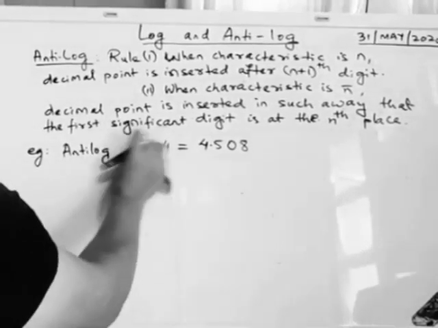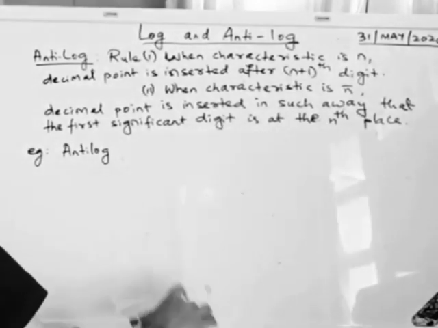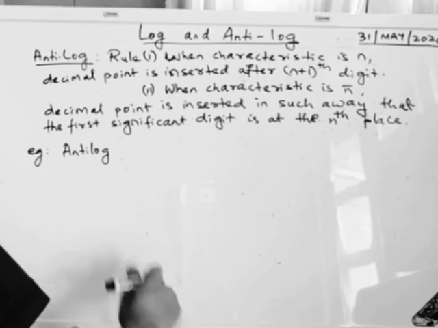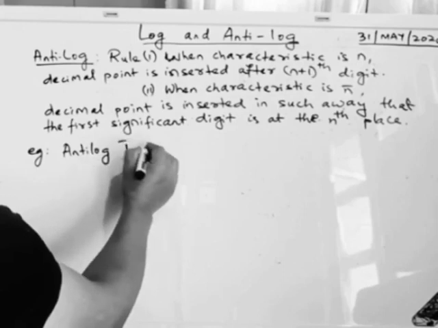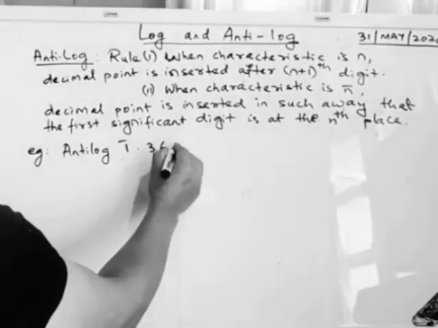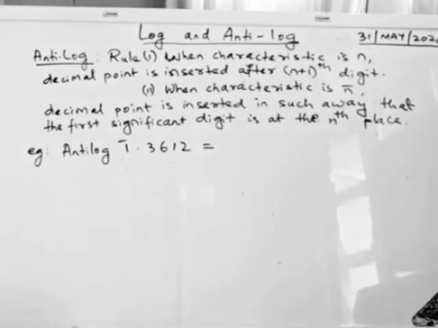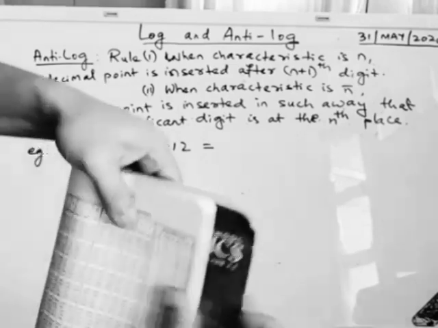Next, we will move to a different type. If we are about to find the antilog of 1 bar .3612, we will look at the antilog of 0.3612.